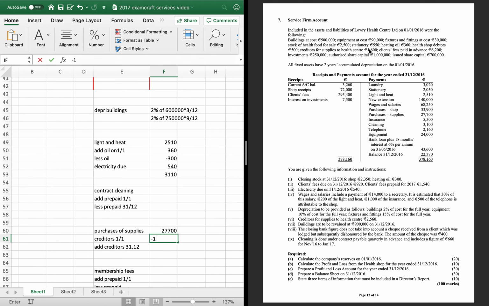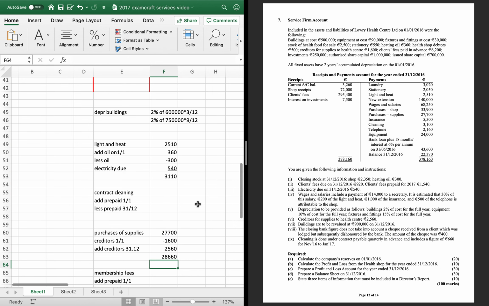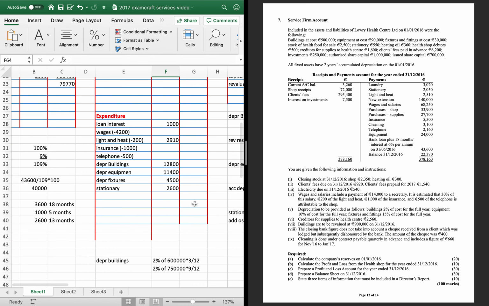So you always take away creditors at the start of the year and add creditors at the end of the year. At the end, there is 2560. And that's really all it can be. So we'll just finish that out at 28,660. So purchases of supplies, 28,660.